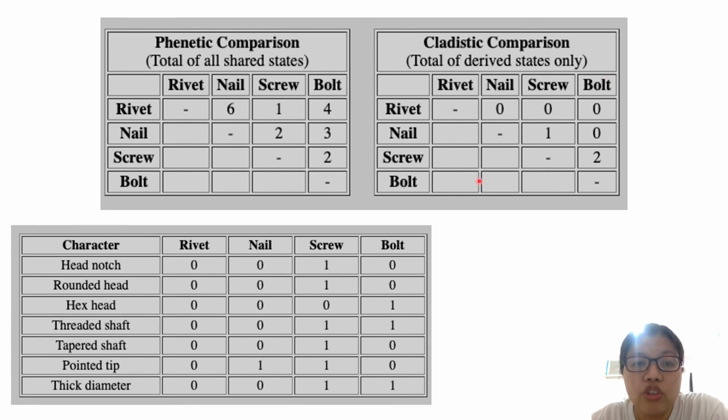For bolt and screw, we scored this as 2 because they shared 2 present character states, which are the thick diameter and the threaded shaft.